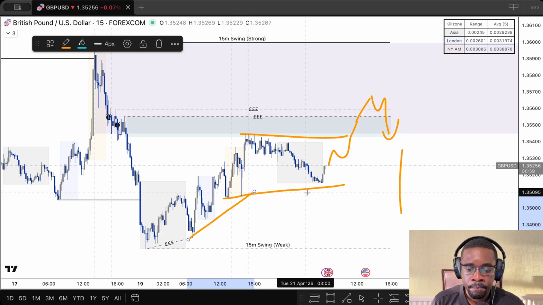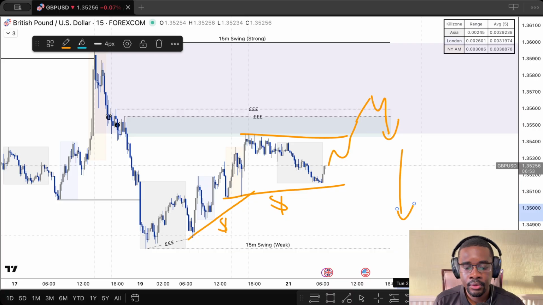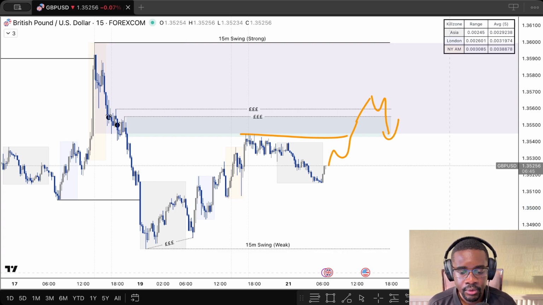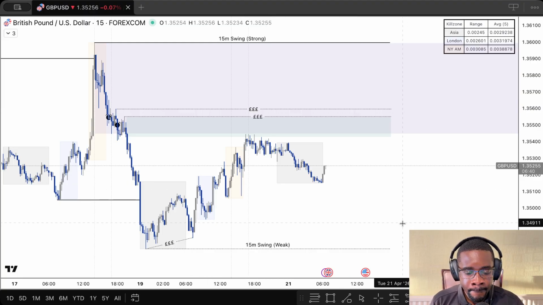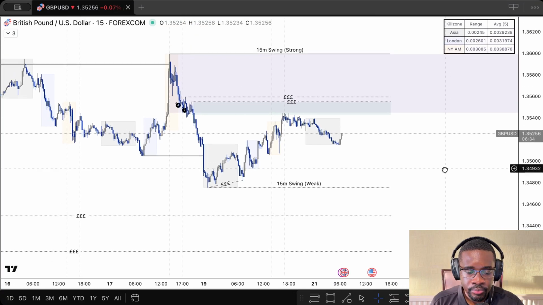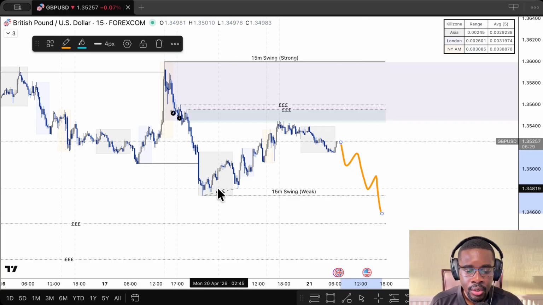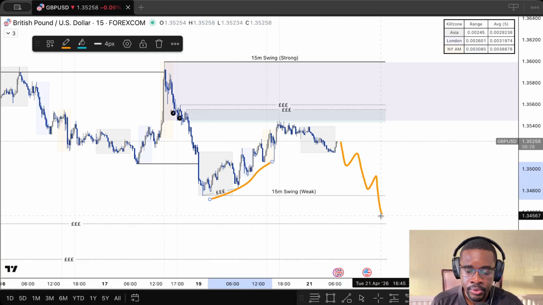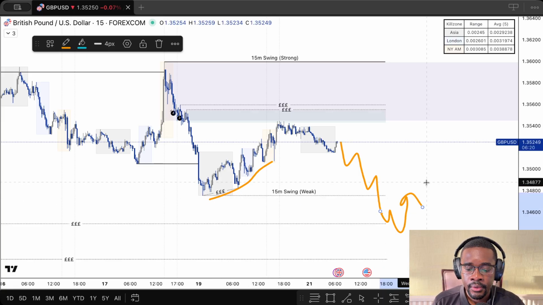Okay, areas here. Okay, so we could target any of that, as that could be resting liquidity. Okay. On the other side, if price decides to push down, okay, if price decides to continue, all right, we could take out all of this resting liquidity, and then maybe if we get a reaction, then we could look for longs to the upside.